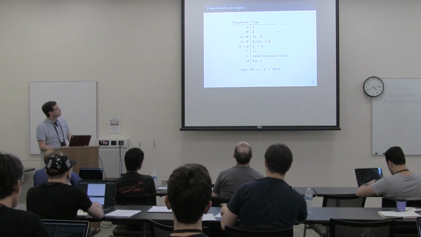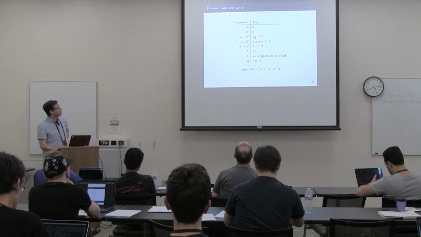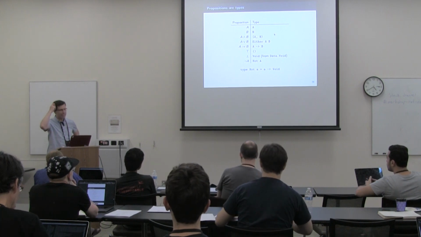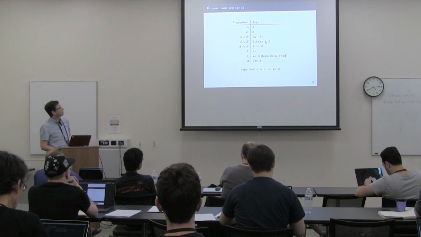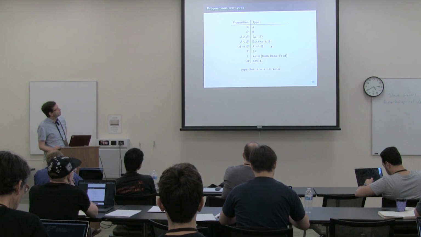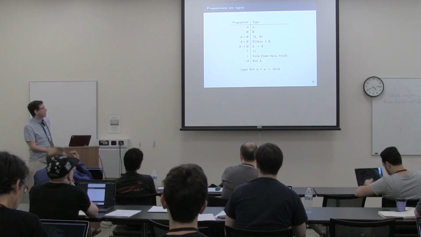So if you think about those a little bit, we talked about being inhabited. So this pair type of A and B is only inhabited if type A is inhabited and type B is inhabited, because otherwise we can't have both of them. Either A B is inhabited only if one of these two is inhabited. A implies B is inhabited? Well, it turns out it's always inhabited if A is uninhabited.